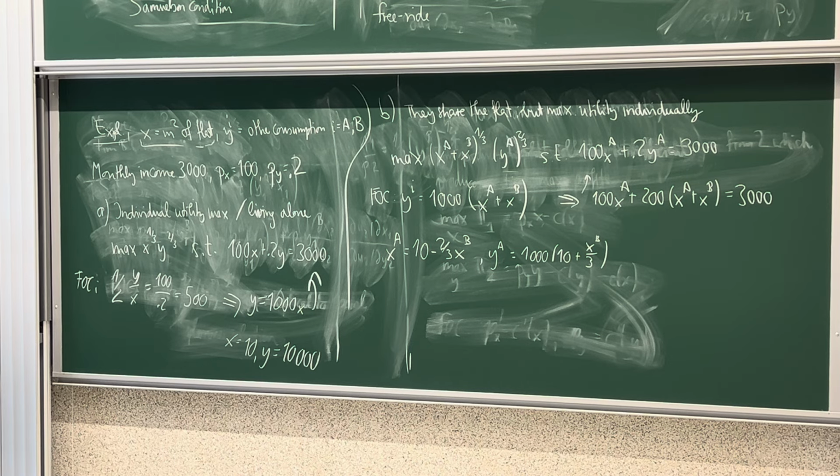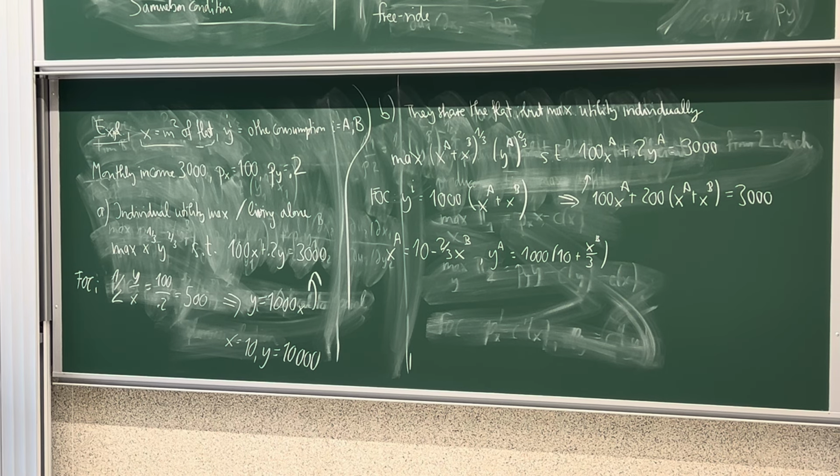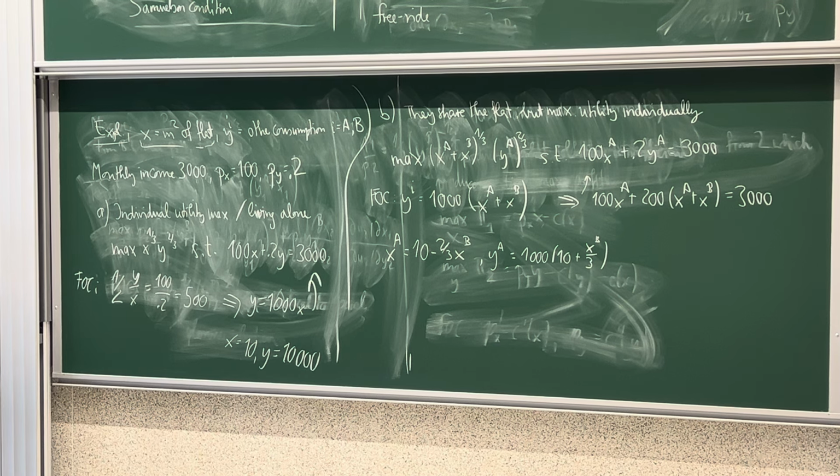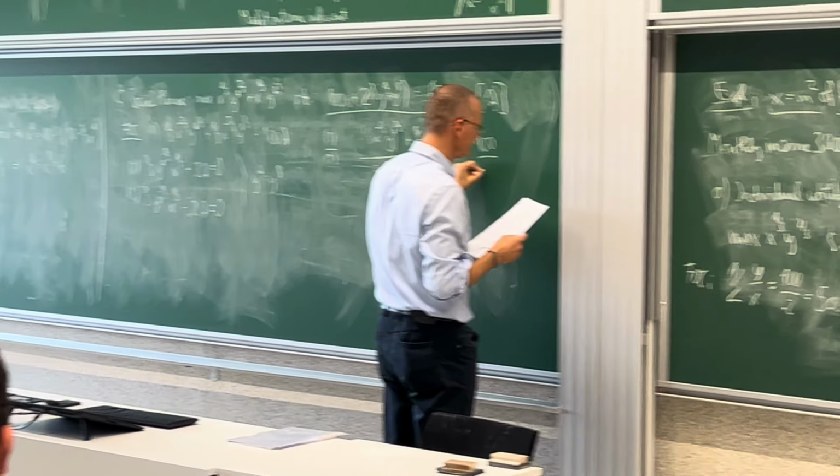Plugging this into the condition, and taking conditions 1 and 2 together, 1 divided by 2, we get 1/3 x minus 2/3 YA 2/3, plus 1/3 x minus 2/3 YA 2/3, because YA is equal to YB, divided by condition 2, which is 2/3 x 1/3 YA minus 1/3, and this is equal to 100 over 2.